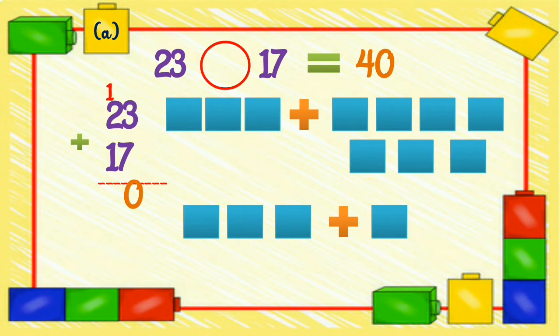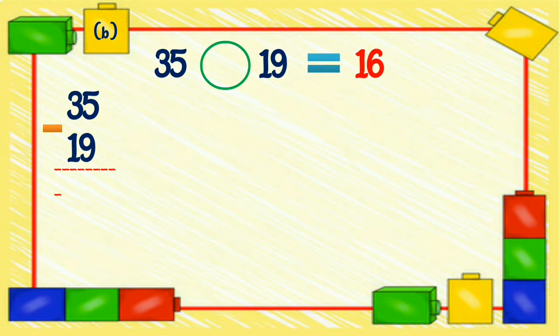Now the answer is 4. So our answer is 40. Here we write the sign of plus in a circle. That's why our answer 40 is right. Okay, do you understand, children?